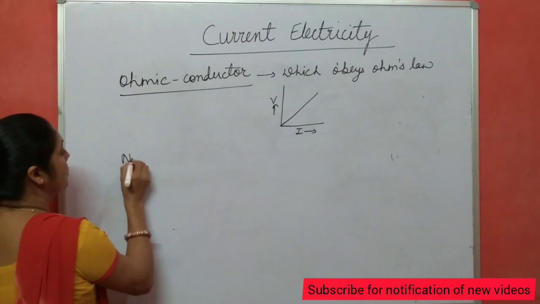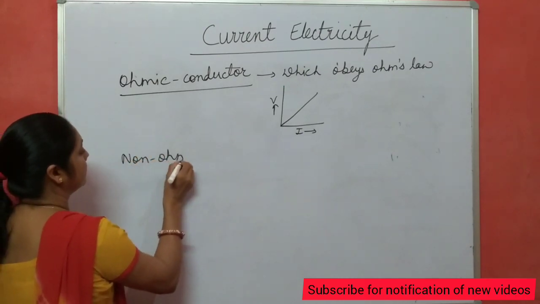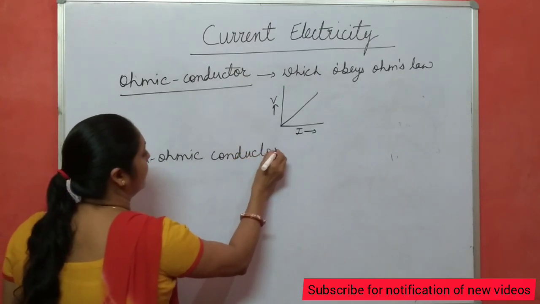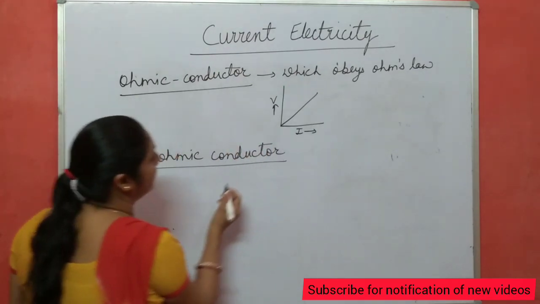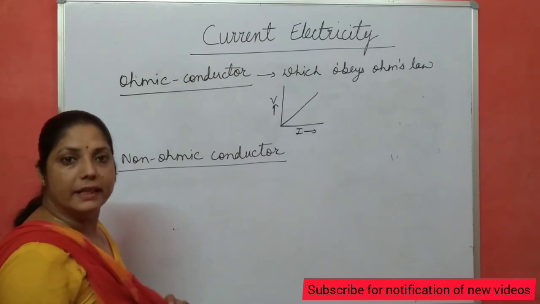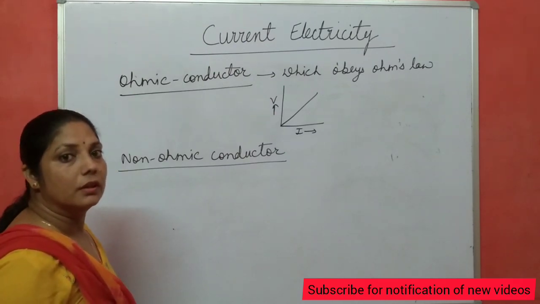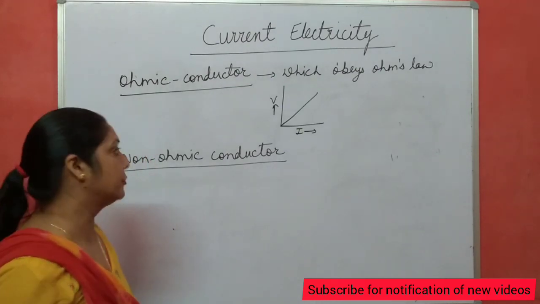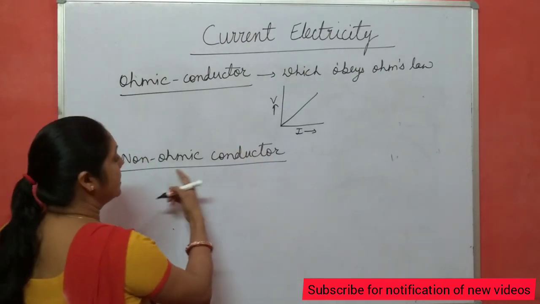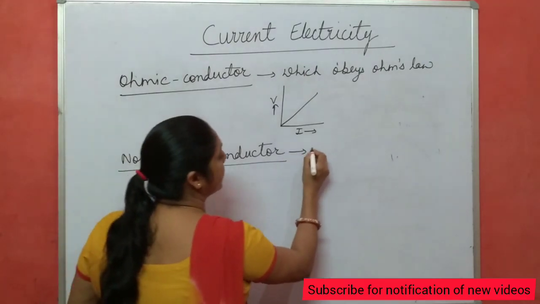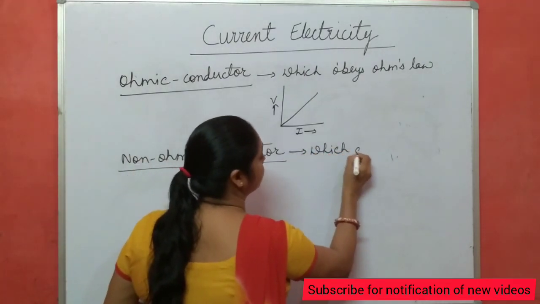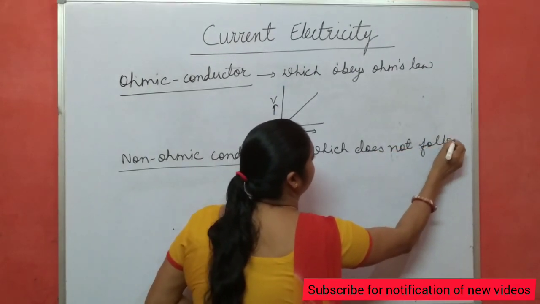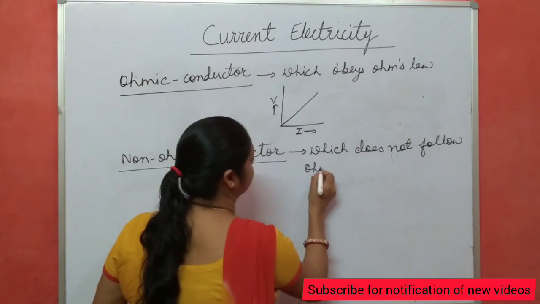And the other one is the non-ohmic conductor. There are many examples of non-ohmic conductors, like the diode. Okay, you studied about the diode in the semiconductor chapter, second part of physics. A diode is a non-ohmic conductor, one which does not follow or obey Ohm's law.